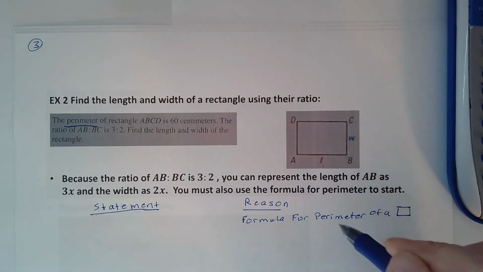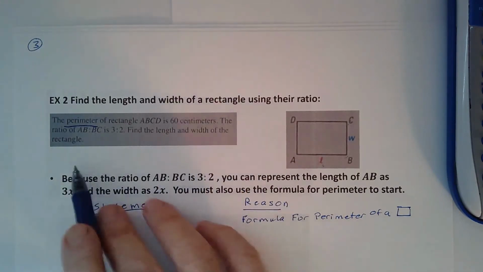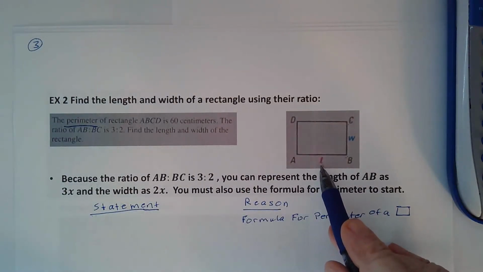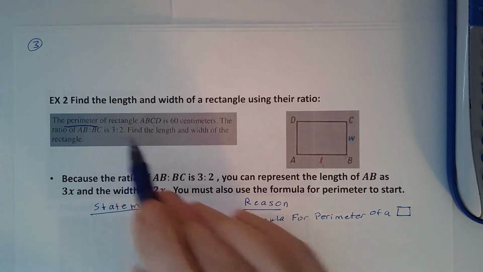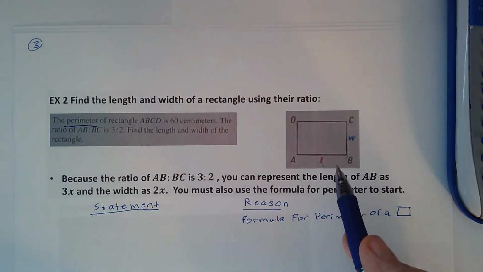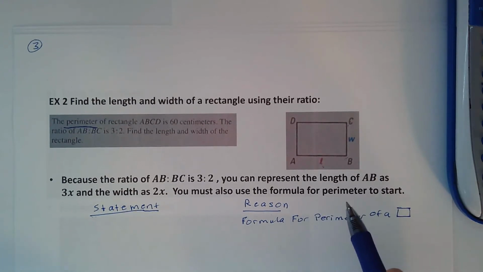But first of all, we have to show that we're using perimeter. We want to find the length and width of the rectangle itself. So even though I know that this is a ratio of 3 and the other one's a ratio of 2, we have to do some substitution to figure all this out.